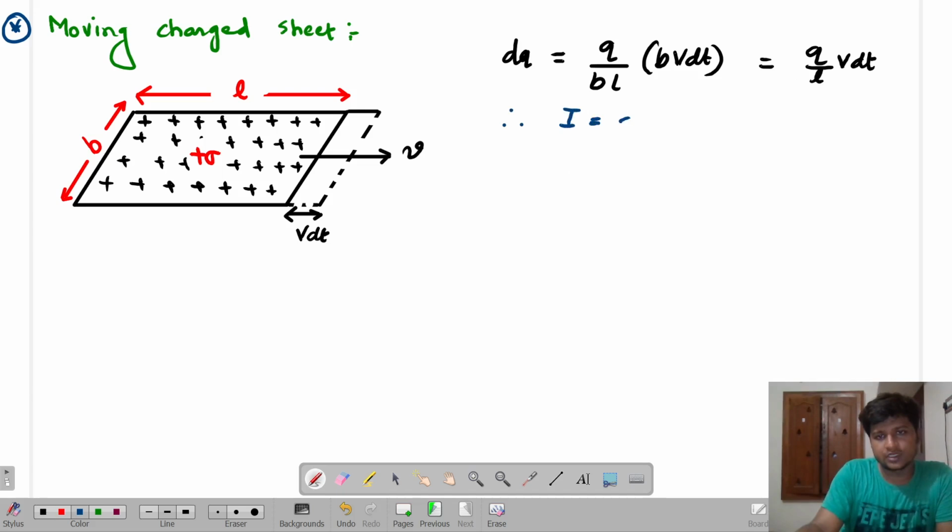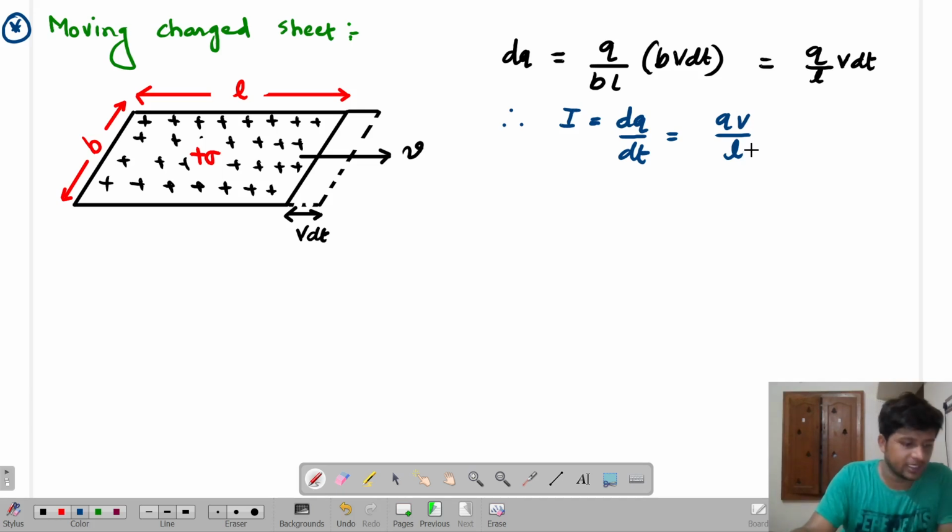So therefore I is equal to dq by dt, which is QV by L. Are you able to get me or not? Now, basically, I can determine with this QV by L, or I can also determine with respect to sigma.